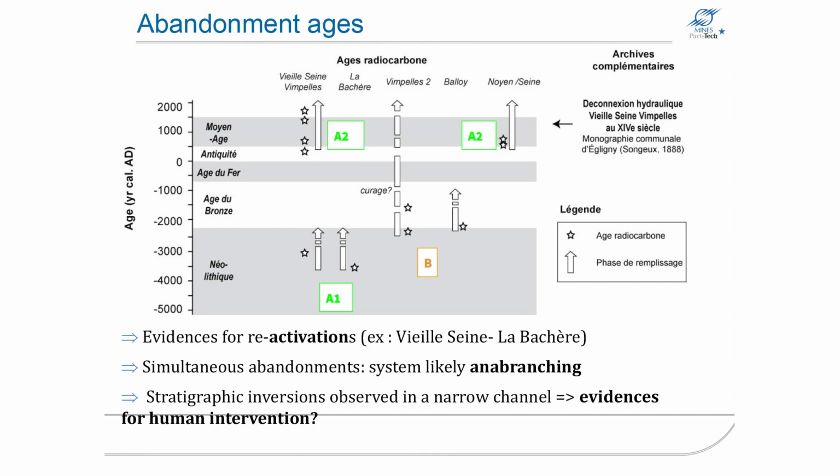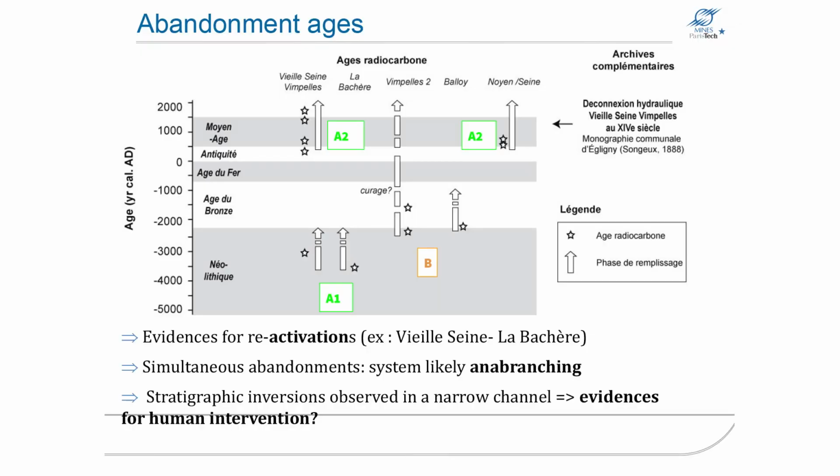And we found other interesting features, such as between Balwa and Nampel 2, this area, simultaneous abandonment. For us, those are strong evidence for a system that used to work not as a single thread channel, but as an avulsing system.